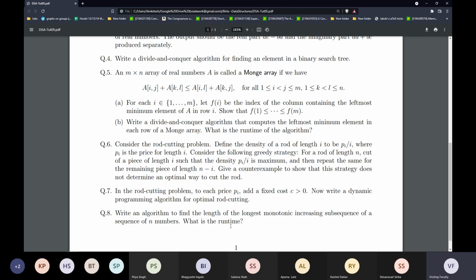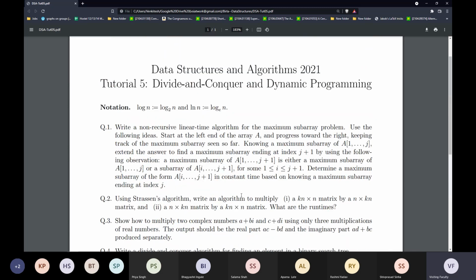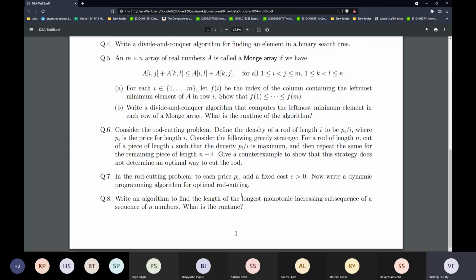How will you find this? Now, if you look at dynamic programming and divide and conquer algorithms, we have only considered one problem about sequences. It was the longest common subsequence, if you remember, LCS, finding the LCS of two sequences.